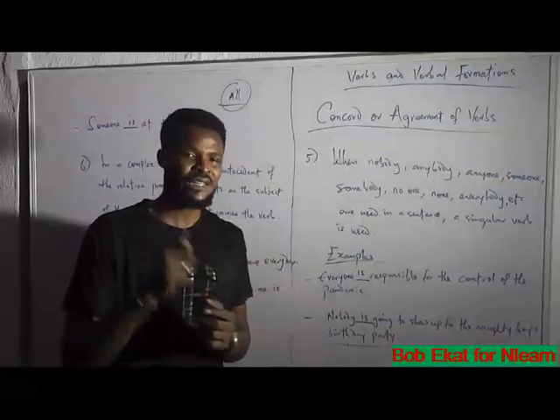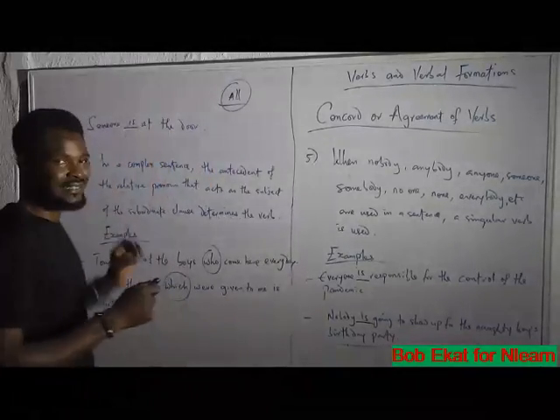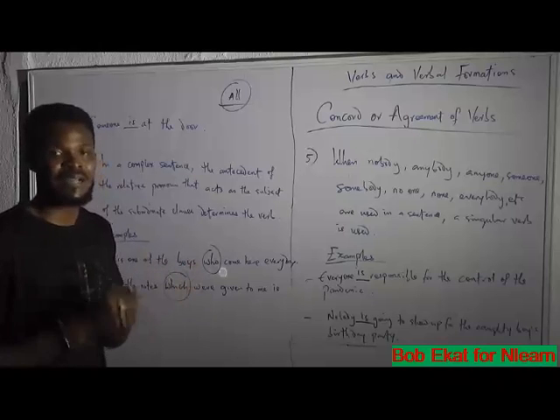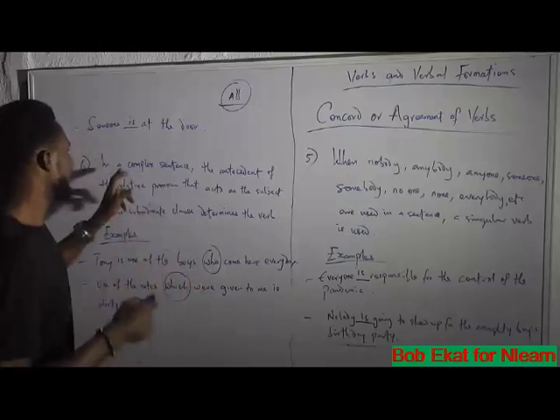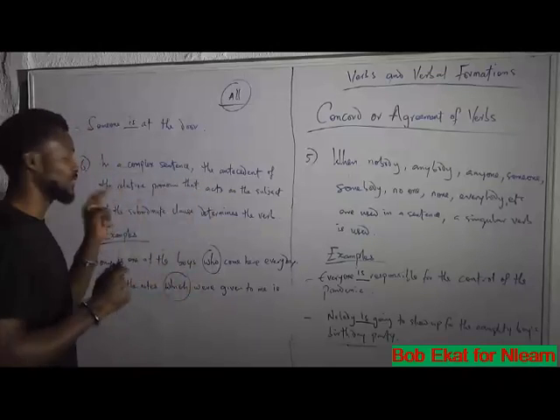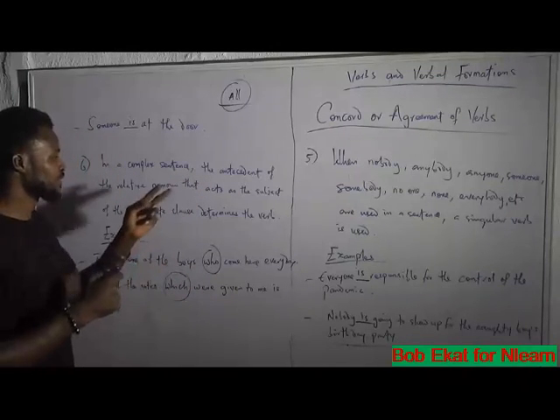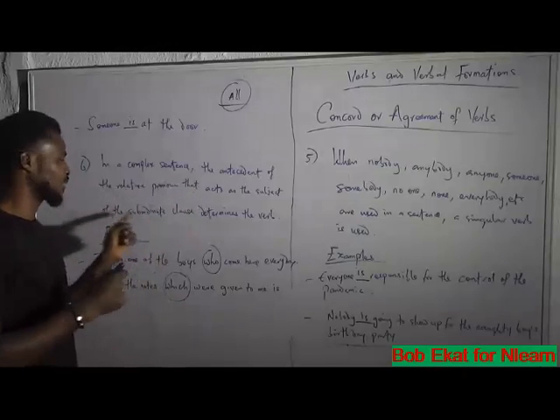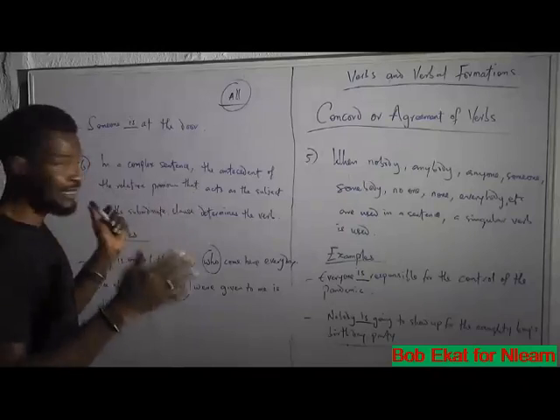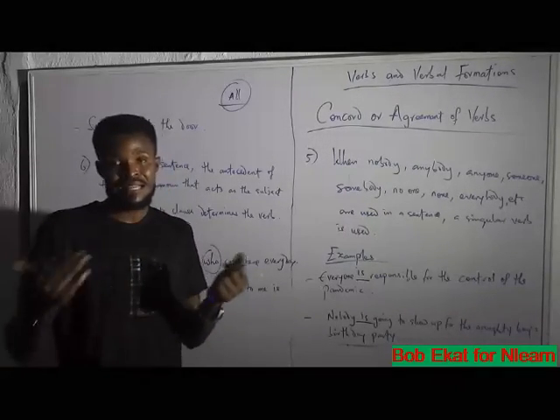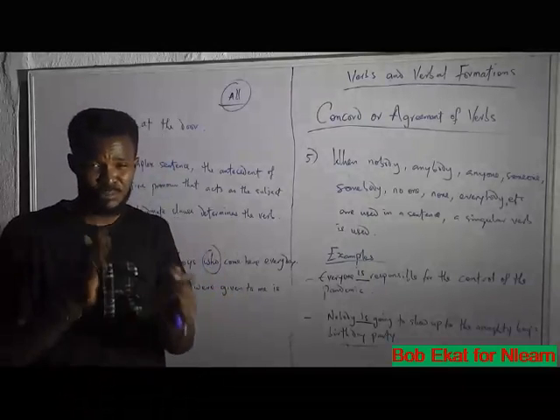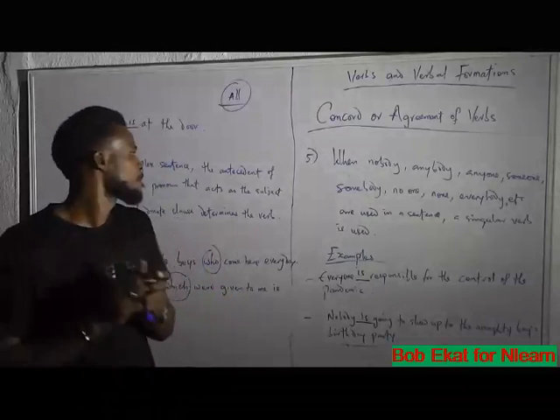Lastly, we shall look at the sixth rule. I did say we're going to look at 5, but it turns out to be 6. The sixth rule is, in a complex sentence, the antecedent of the relative pronoun that acts as the subject of the subordinate clause determines the verb. I know this sounds like complex grammatical jargon, but we shall focus on 2 key things.